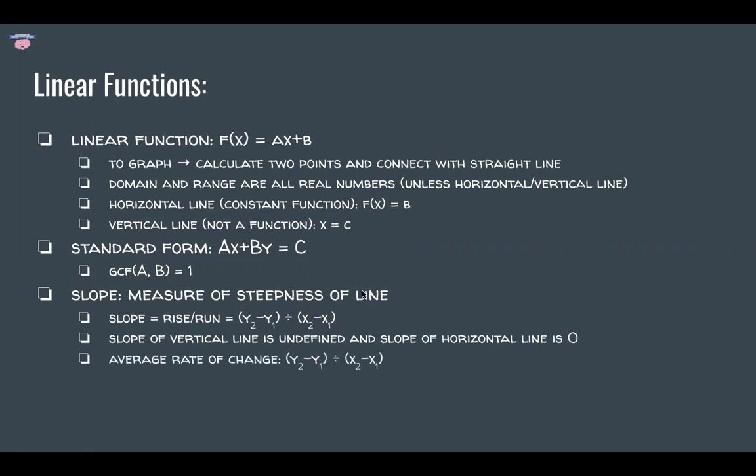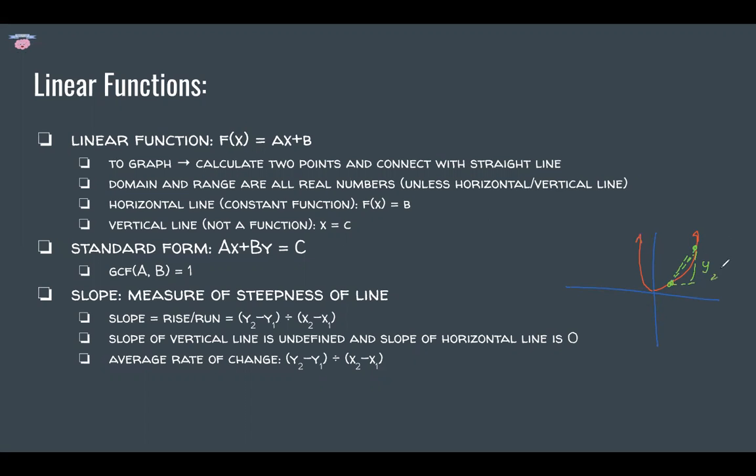The average rate of change is the same thing as slope, but this is when the function is not linear. So if I had a parabola that looks something like this, and I wanted to find the average rate of change from here to here, I would have to draw this.